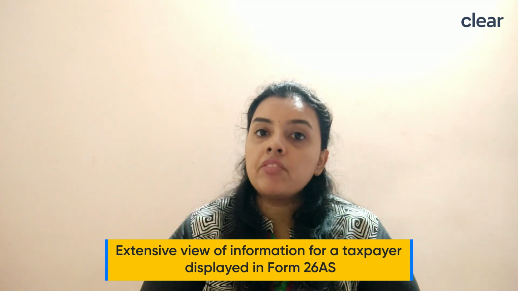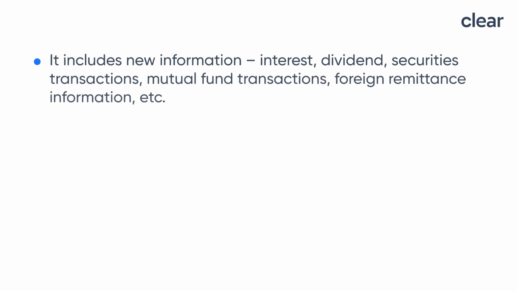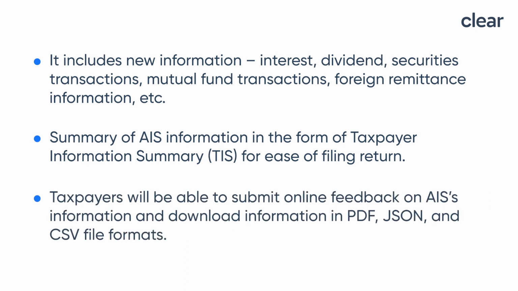The Annual Information Statement, that is AIS, is an extensive view of information for a taxpayer displayed in Form 26AS. You can see all your financial information such as savings, interest income, dividend income, etc. It also shows a summary of all such information that helps in filing income tax returns. It also accepts feedback from the taxpayers on the information displayed in AIS.